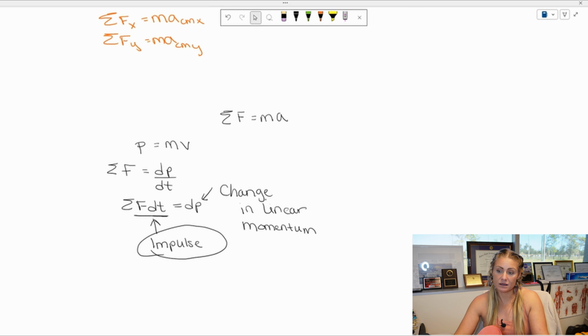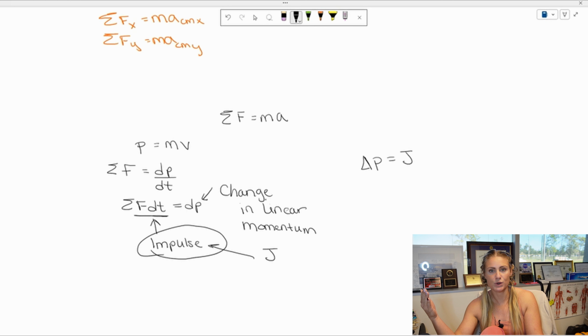When we talk about impulse, a lot of textbooks will call this J. Why don't we try to understand for a minute what the change in P equals J means? Basically, it's saying when you have a change in momentum, you will have an impulse of some kind.